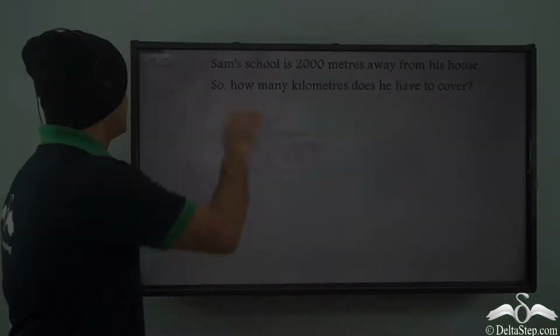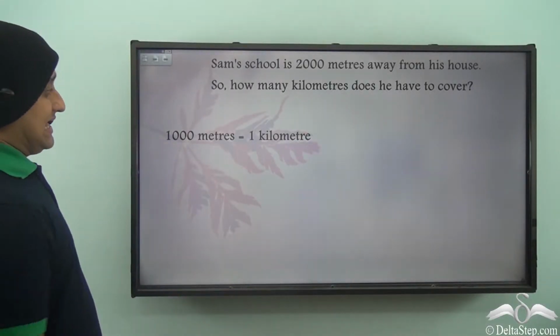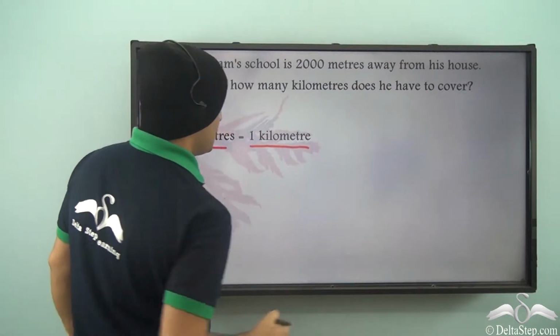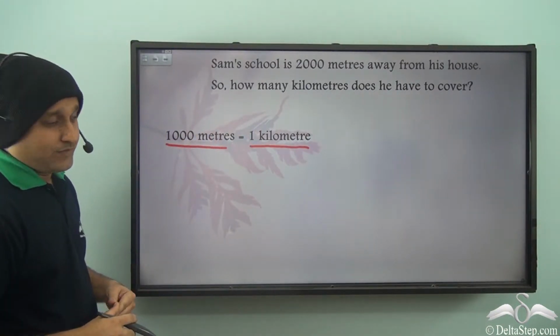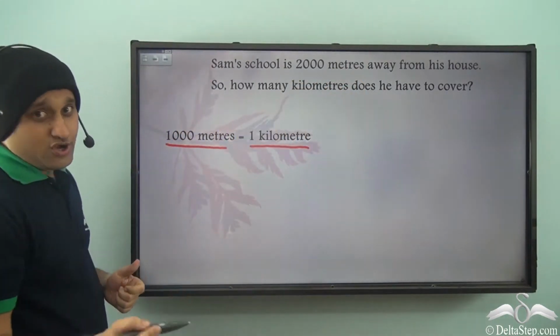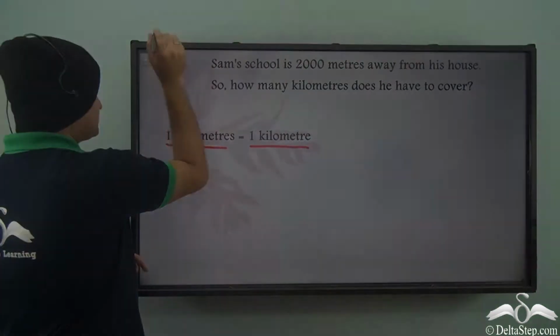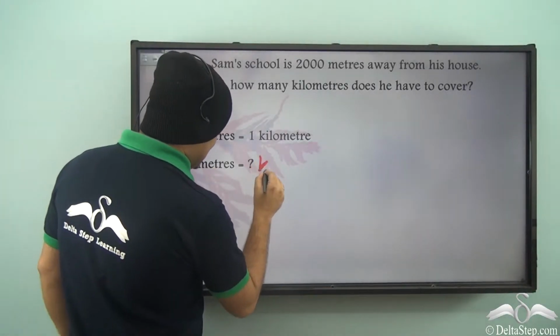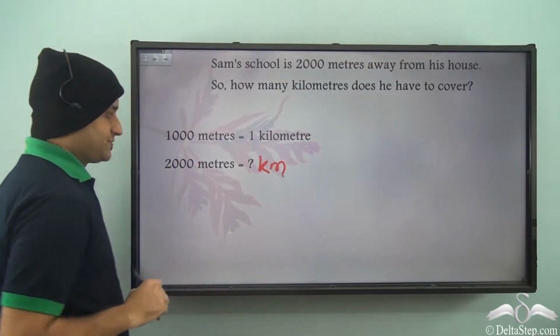Let's see. Now, we know that 1000 meters is equal to 1 kilometer, isn't it? Now we need to convert 2000 meters into kilometers. So we need to find 2000 meters is how many kilometers.